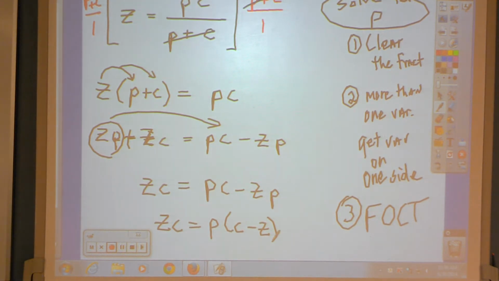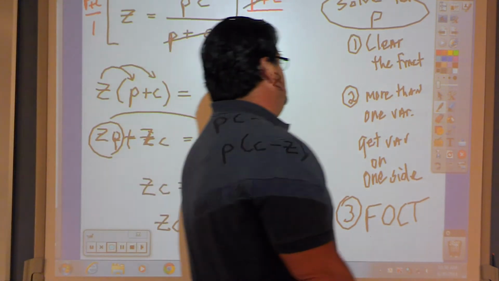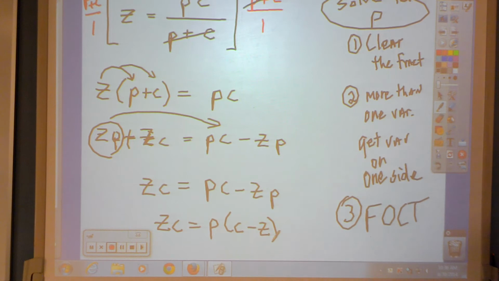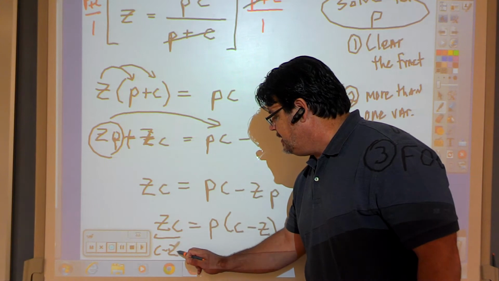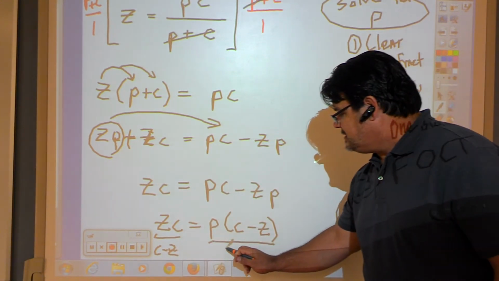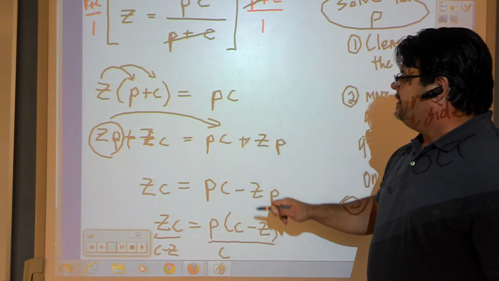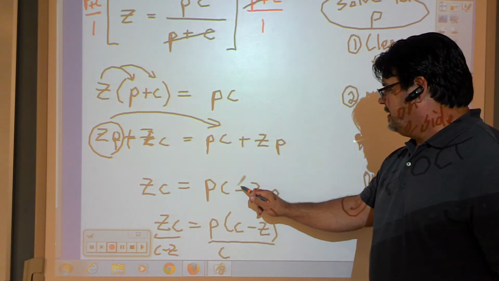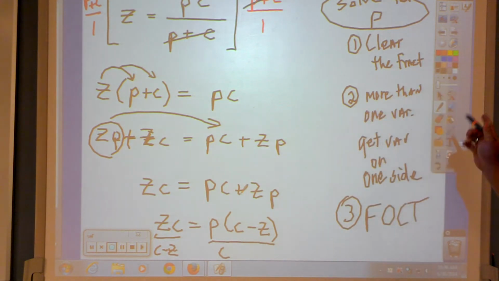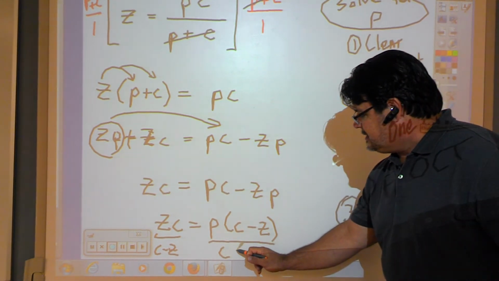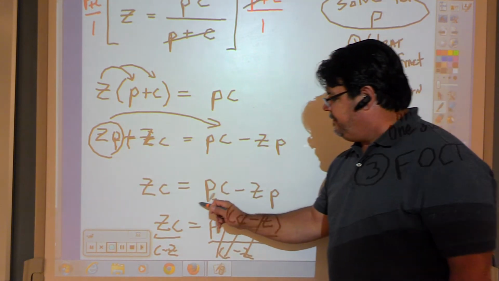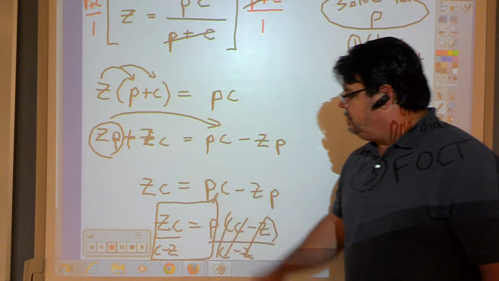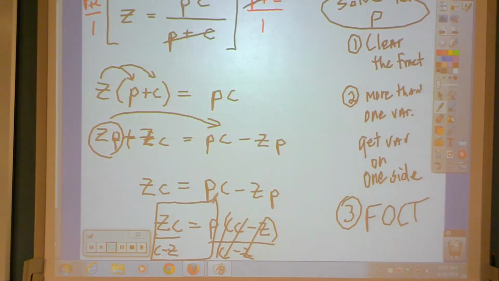Divide by C minus Z. So I'm going to divide this side by C minus Z, and the C minus Z's cancel over here, and you're left with P is equal to ZC over C minus Z.